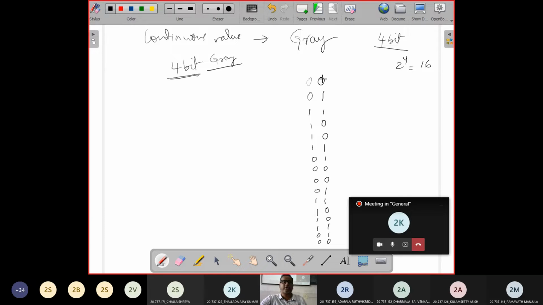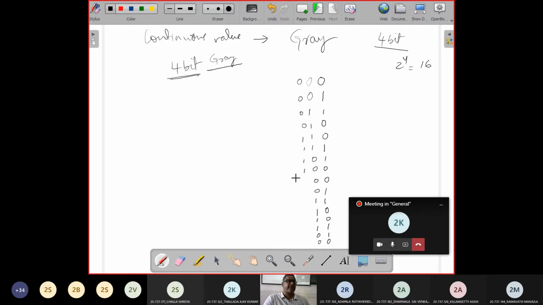After 2 power 0 is 1 zero, next 2 power 1, 2 zeros I started with. Next 2 power 2. How many zeros should I start with? 4 zeros. So I'll put 4 zeros first, followed by 4 ones.